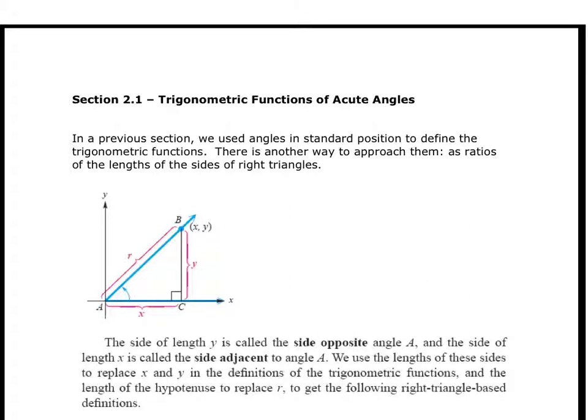So you've done this before. When you have a triangle here and you have a right angle, this is called a leg, this is called a leg, and the side across from the right angle is called the hypotenuse. Okay? You've had that before. That's nothing new.